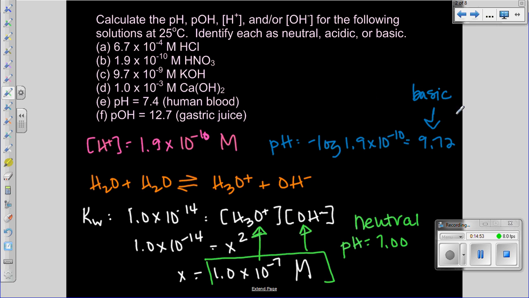So what's happening here is that the hydronium ion concentration of water is greater than what we were given in B. Water contributes more hydronium ions than this nitric acid does because it's so dilute. So the pH of that solution is actually 7.